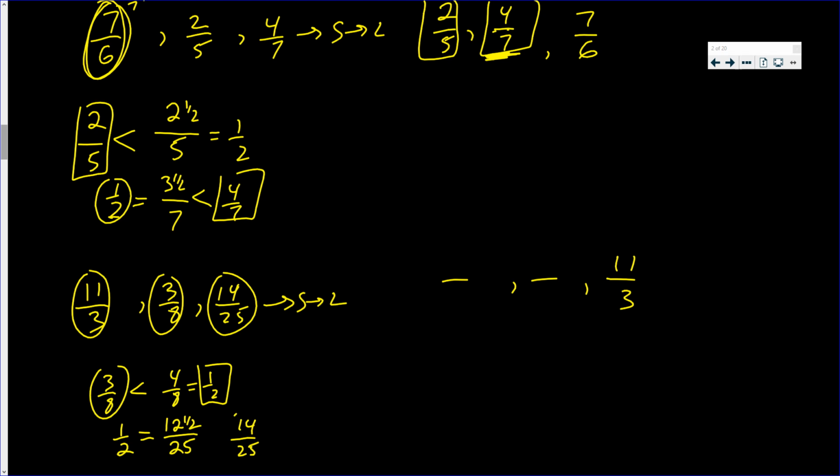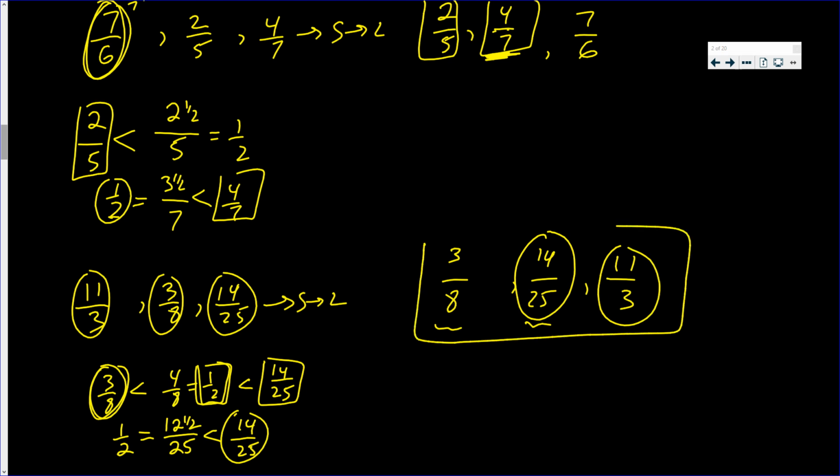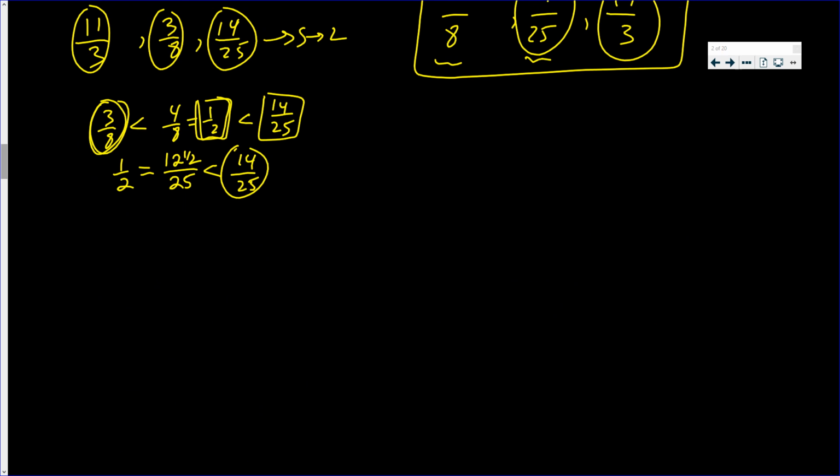So 3/8 is less than 1/2, and 1/2 is less than 14 over 25. That is, 3/8 is the smaller between these two fractions. And since this one is less than 1, and this one is more than 1, there's your ordering. All just working with the number 1/2.